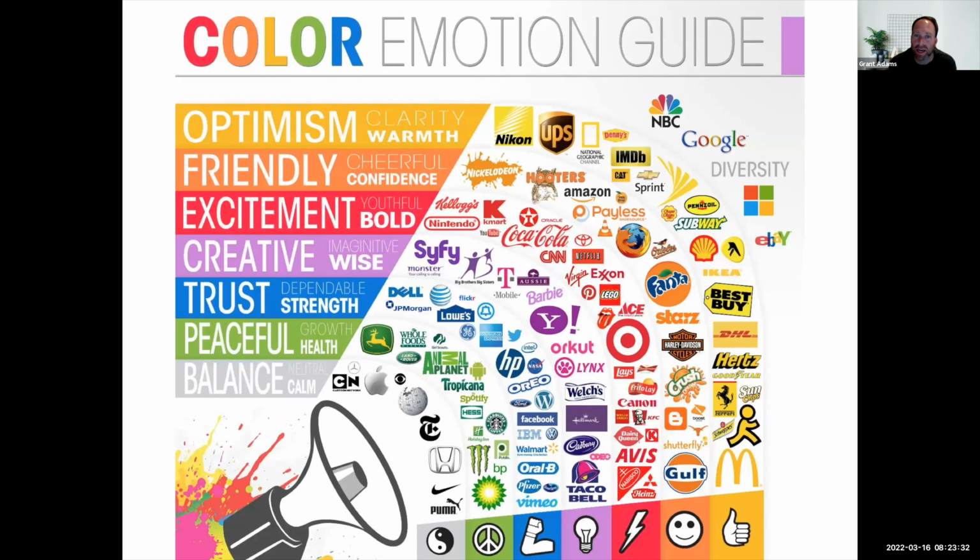So when we think about that, we just did a whole lecture on logos. We can categorize logos into a bunch of different broad stroke categories based on their colors. Now we have the all colored stuff up here that contains everything. But then the rest of these are kind of interesting when you start to look at it, right?